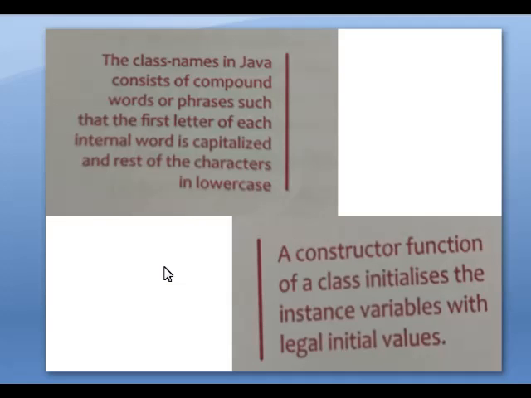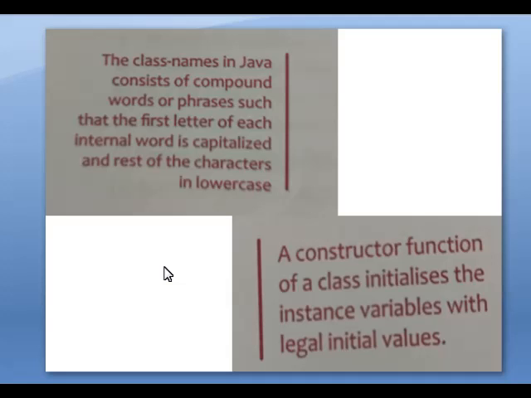The class names in Java consist of compound words or phrases such that the first letter of each internal word is capitalized and the rest of the characters are in lowercase.